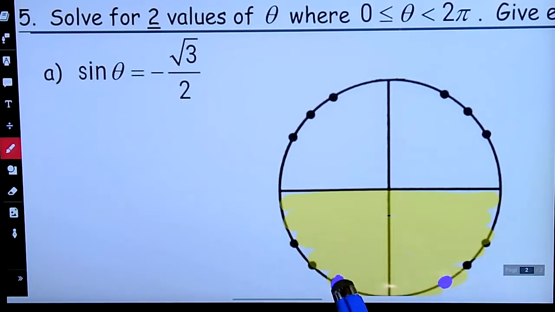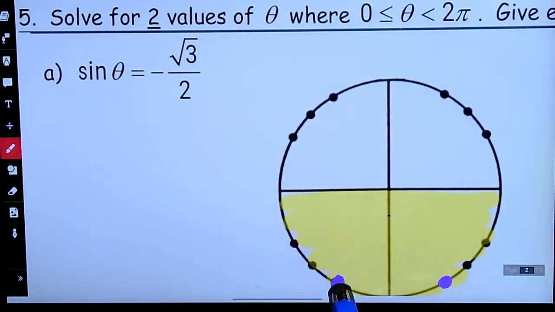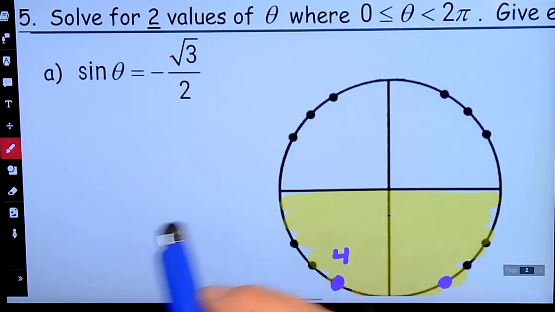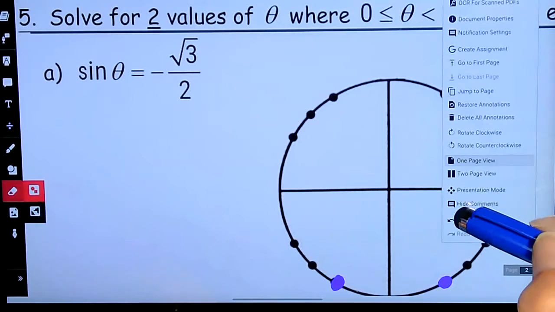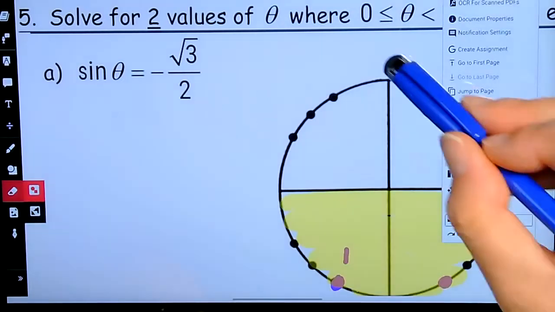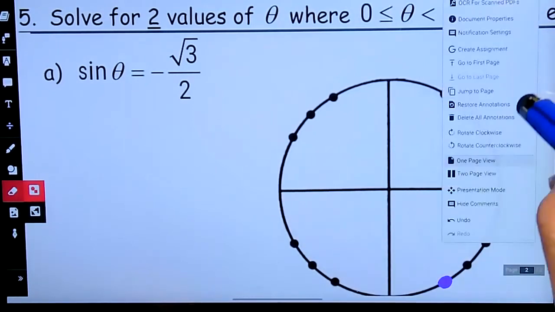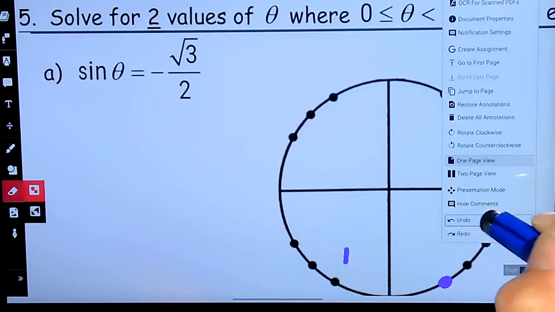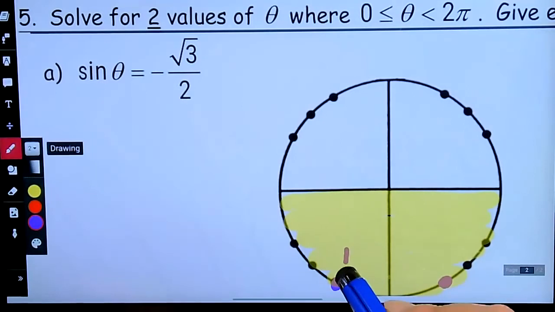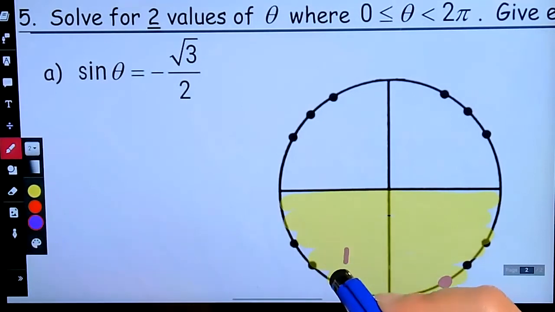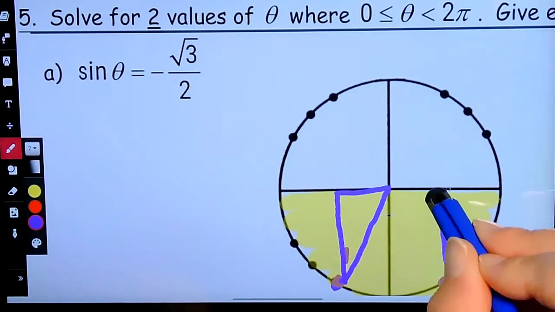Now this spot is pi thirds. Going all the way here is 3 pi thirds, to here is 4 pi thirds. I need to draw the triangle too, so let me draw my triangle in here, and I'm going to do the same here.